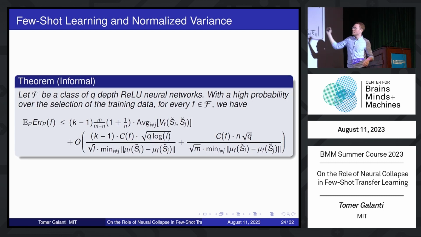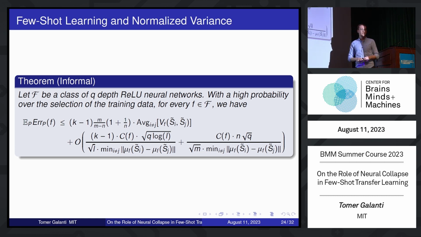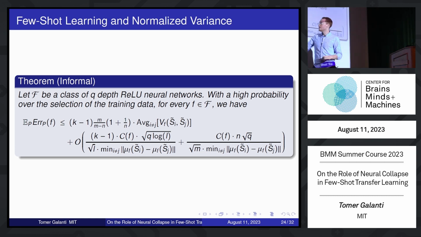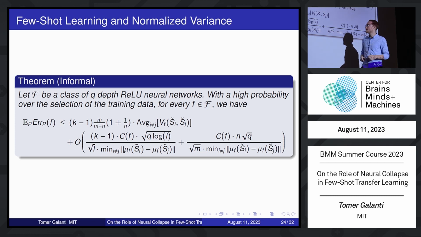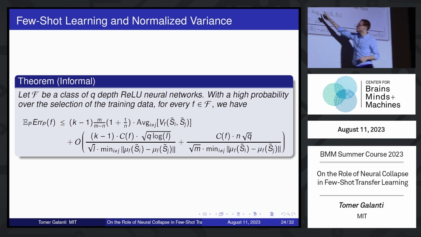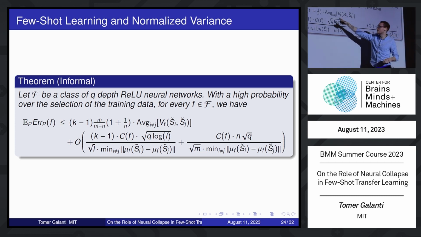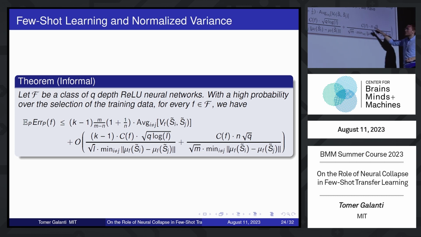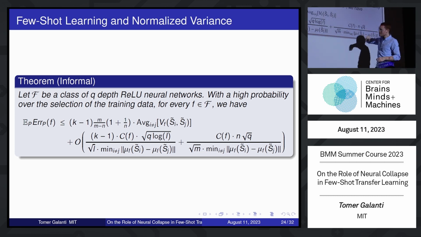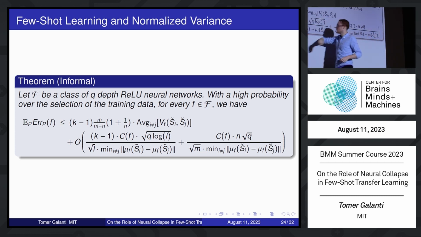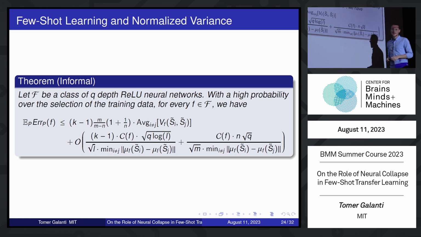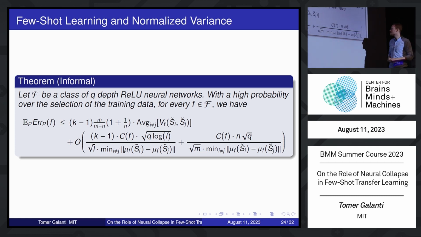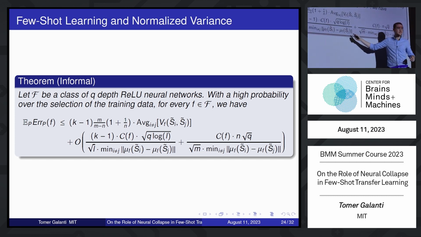And putting everything together, we get the following bound. So we have the expected FewShot error. It is bounded by something that is proportional to the degree of collapse, plus two terms that depend on the complexity of the model, the number of source classes, the number of source samples per class, and also the distance between the class means.